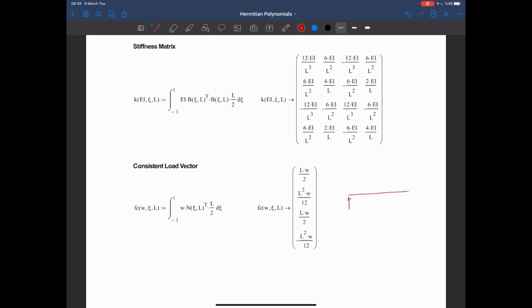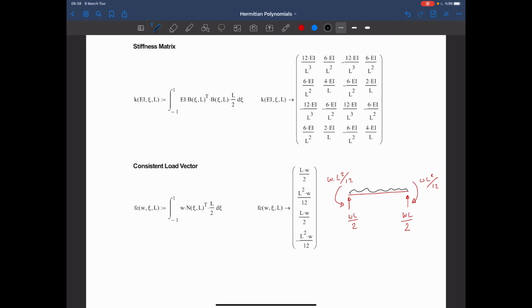I have WL over 2 here, WL over 2 here, and a counterclockwise moment and a clockwise moment, and the magnitudes are WL square over 12, WL square over 12. So these are the fixed end forces that we calculate for a member under uniformly distributed load.